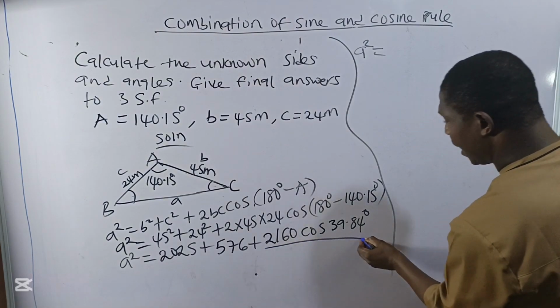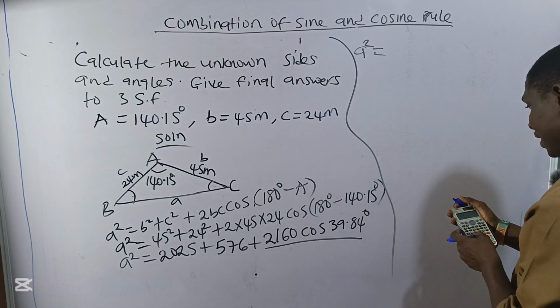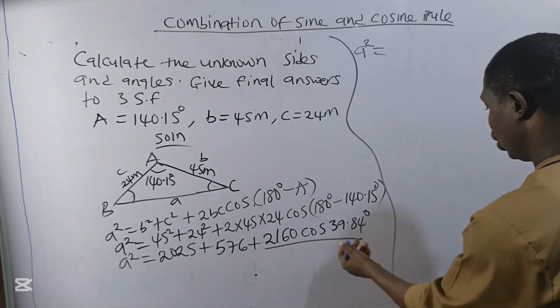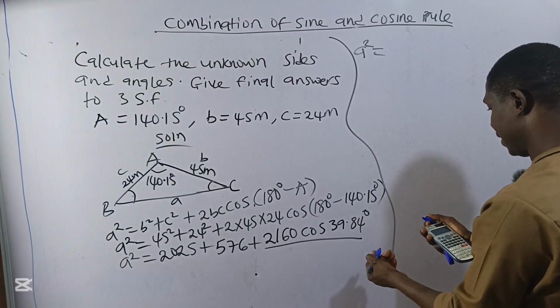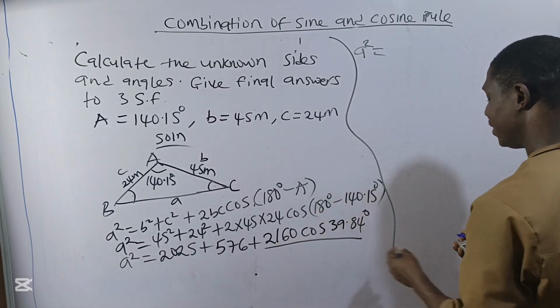And I'll come over, I'll have my a squared to be equal to, I can just work this out once, that you can check for your cos 39.84 as a student. It will give you 0.7679. You put it down before you multiply with what? 2160.